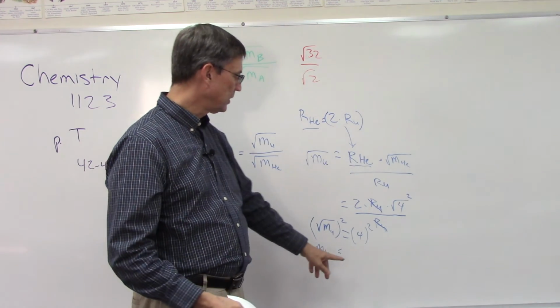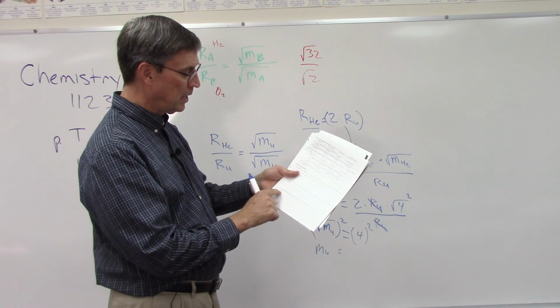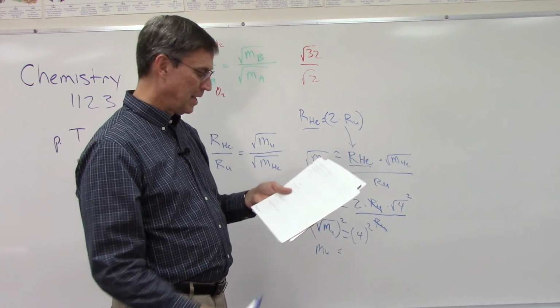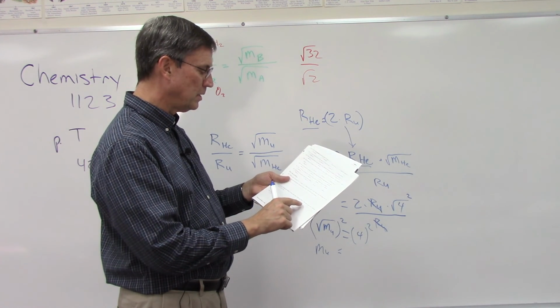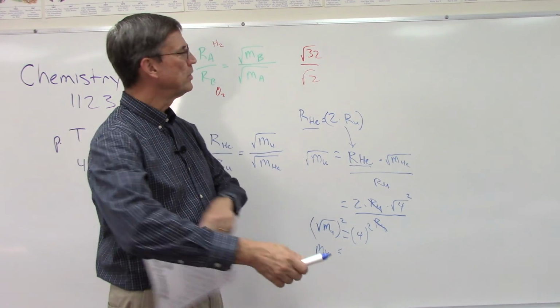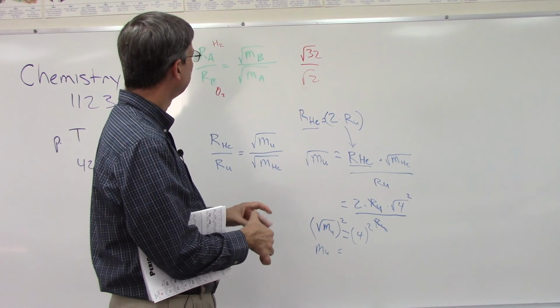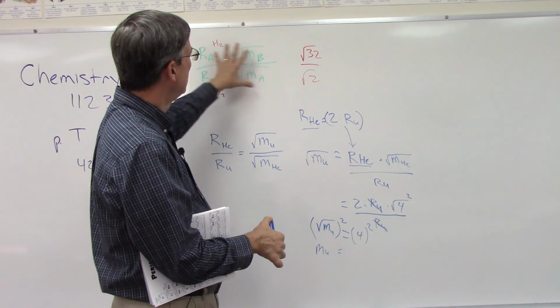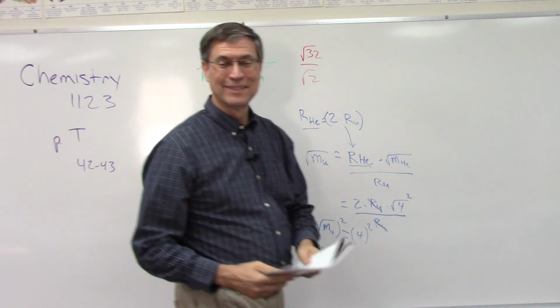So if this number works out to be 18, then it's likely to be NH4, okay? So you check the mass of each of those 4, find which one is the closest to what you got there for 43. So it's a little different. I don't think you'll have one quite that hard on the checkup and self-test, but they do want you to know this formula. All right, good luck.